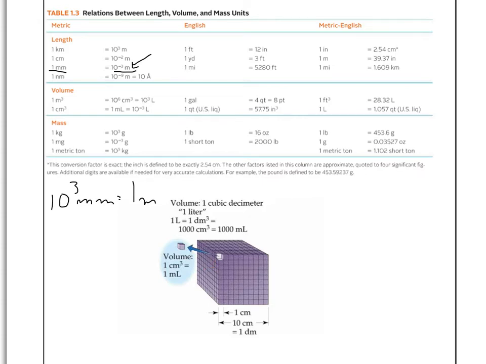So if you multiply 10 by 10 by 10, of course, that's going to be 1,000, and then the units are going to become 1,000 cubic centimeters. Well, 1,000 cubic centimeters by definition is a liter, and a liter is 1,000 milliliters. So the takeaway from that one is basically that 1 cubic centimeter is the same as 1 milliliter.